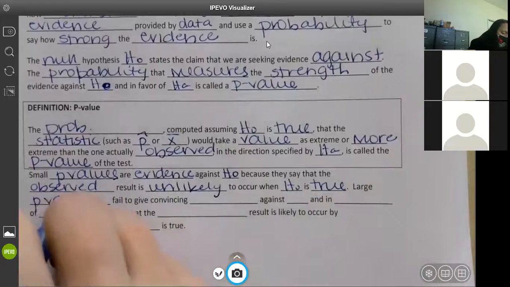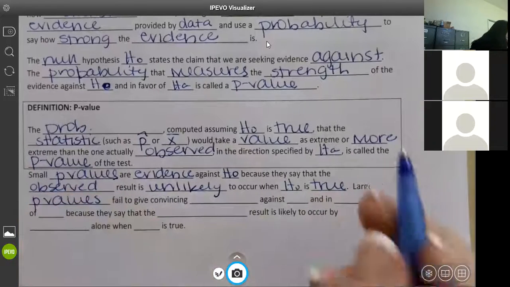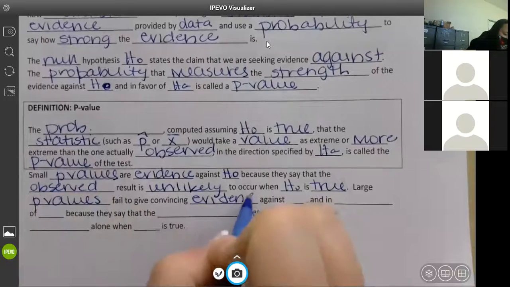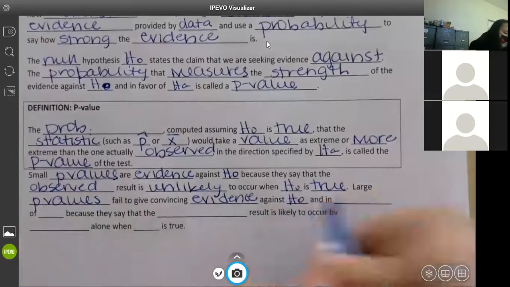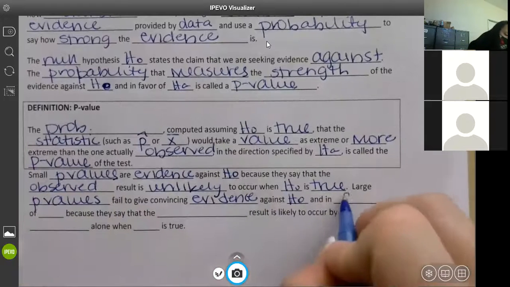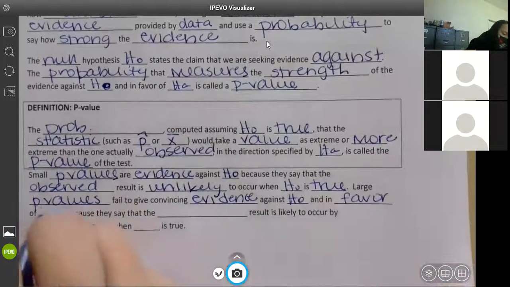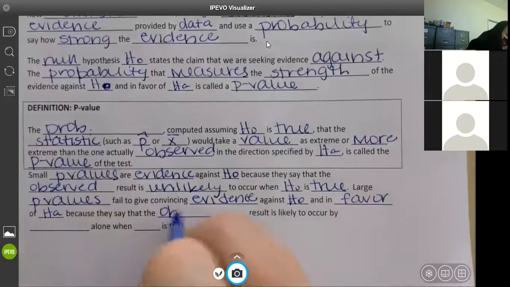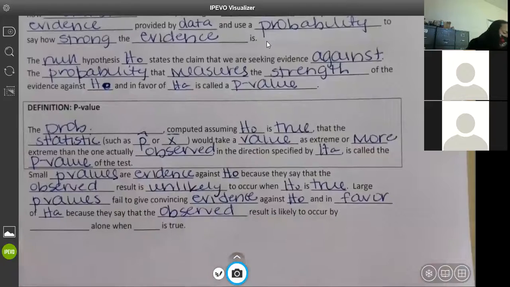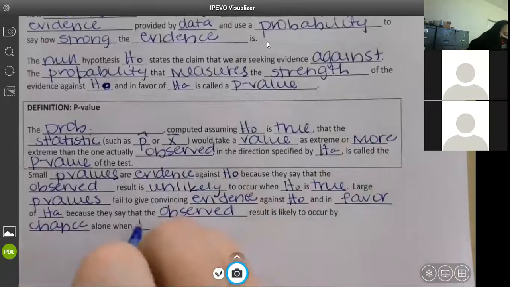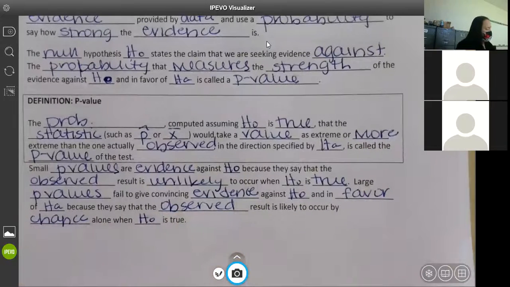Large p-values fail to give convincing evidence against H sub O and in favor of the alternative H sub A, because they say that the observed result is likely to occur by chance alone when H sub O is true.